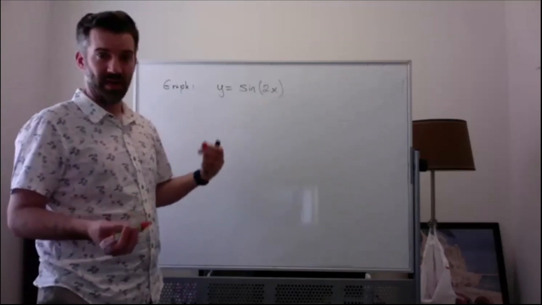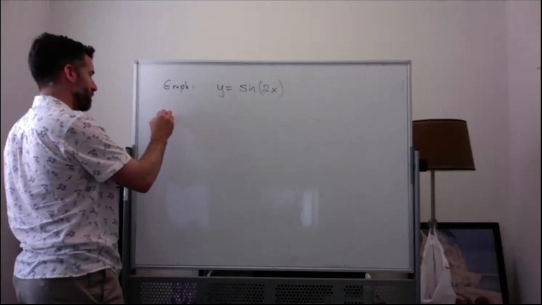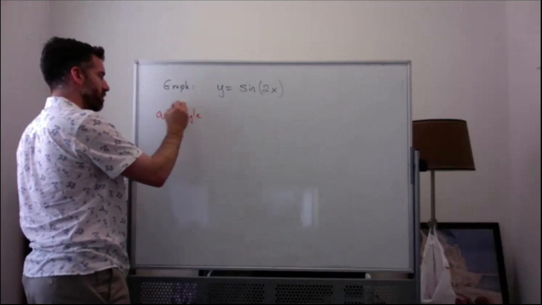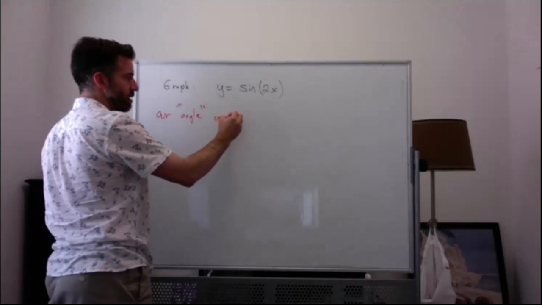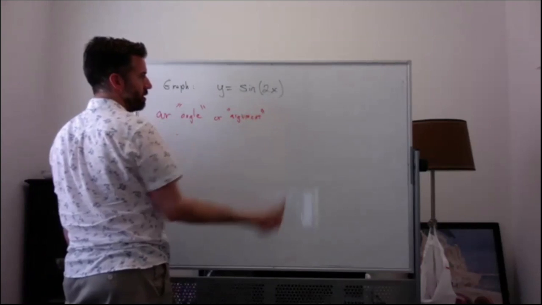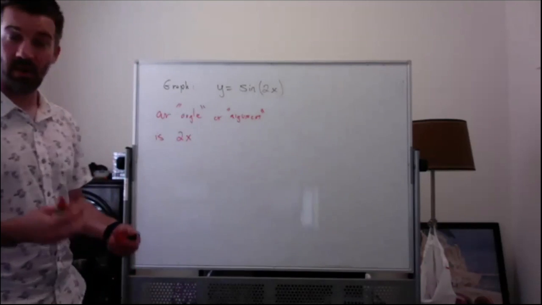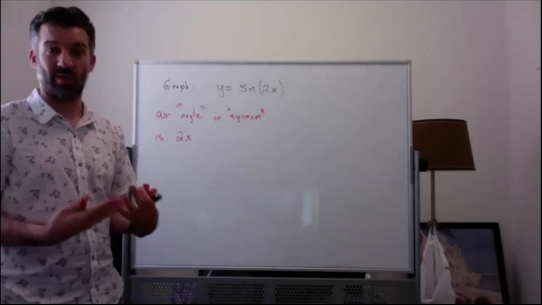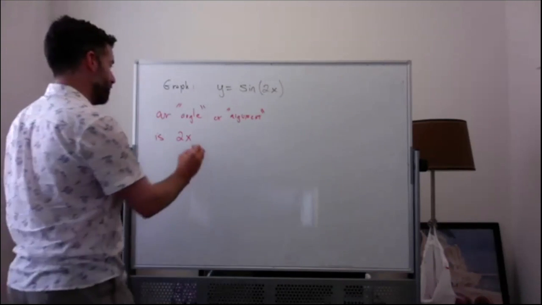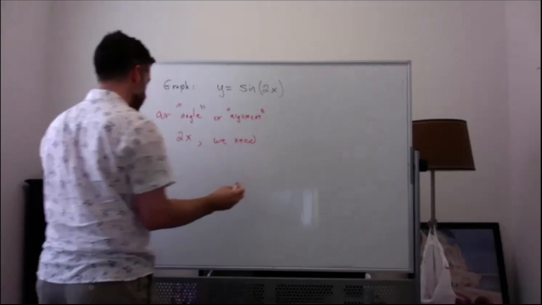Our angle now, we're calling the angle 2x. Our angle, or argument, and the argument is the thing that's inside the function, is 2x. And we need our angle to go from 0 to 2 pi. So we need 2x to go from 0 to 2 pi.